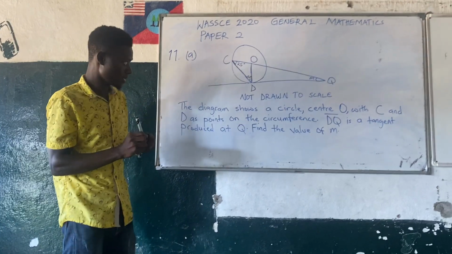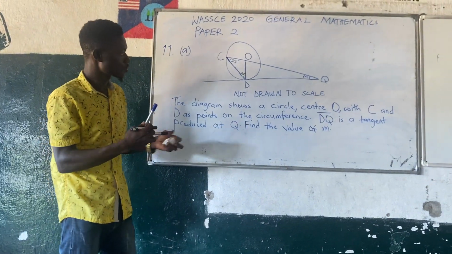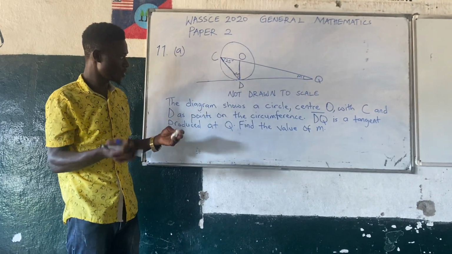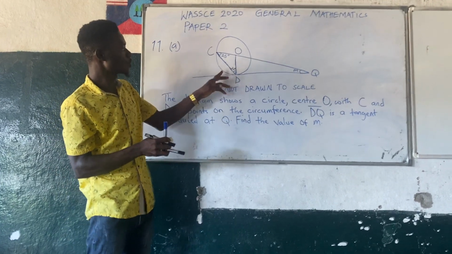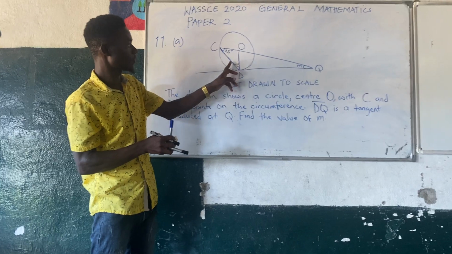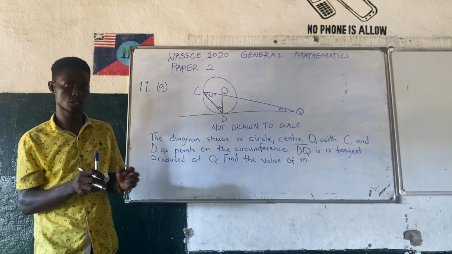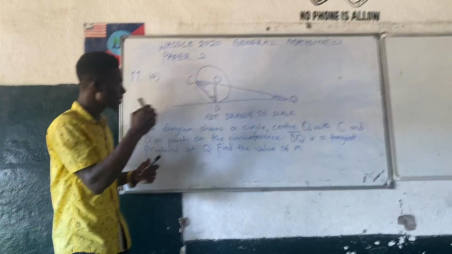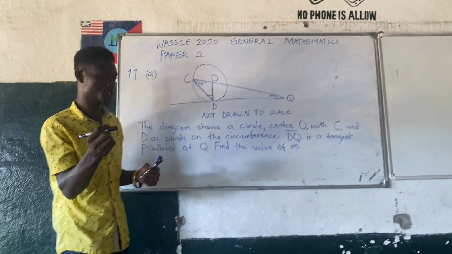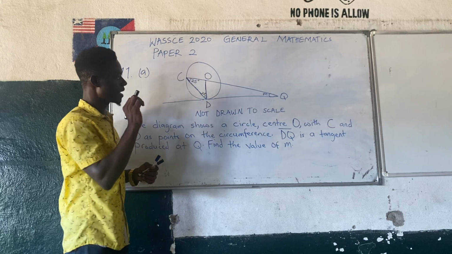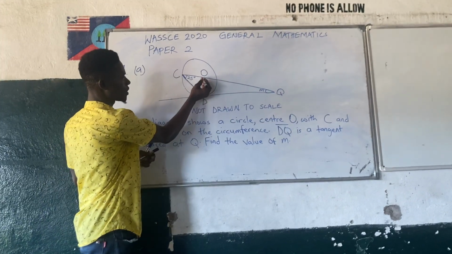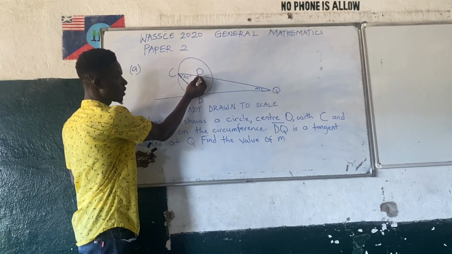Now I know that the challenge of some who are watching the video may be: how do you identify the base angles of an isosceles triangle? To know the base angles, you must first be able to identify the point at which the two equal lines meet. And in this question, this is the point where the two equal lines meet.